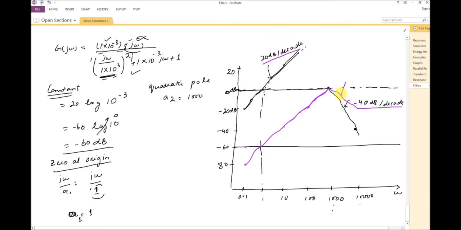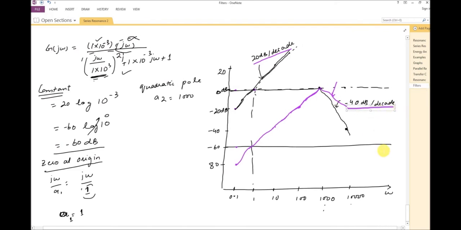So if this is not included in the graph, it will start decaying at minus 20 dB. So this is minus 20 dB per decade.